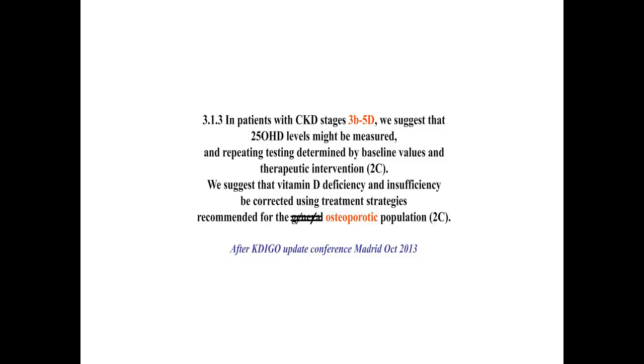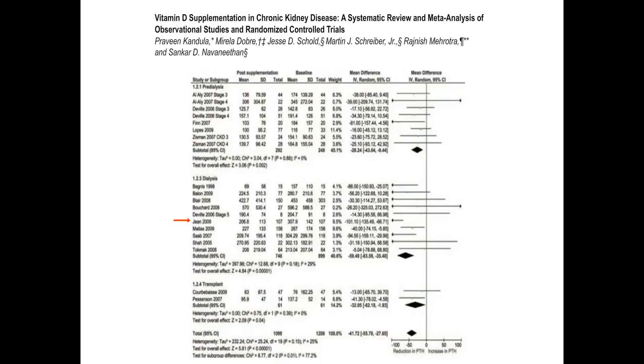This is an area that's undergoing revision constantly. There are many clinical trials to show this. I know you can't read the details here, but it shows you that there are many trials of trying to correct or look at the effects of vitamin D supplementation.